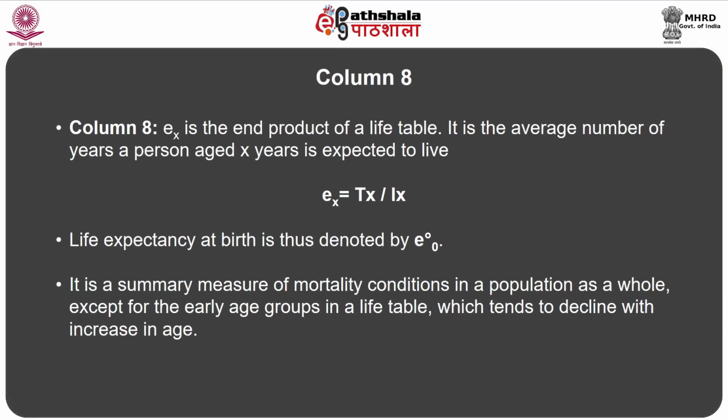It is the average number of years a person aged x is expected to live, that is, ex equals Tx divided by small lx. Life expectancy at birth is thus denoted by e00.